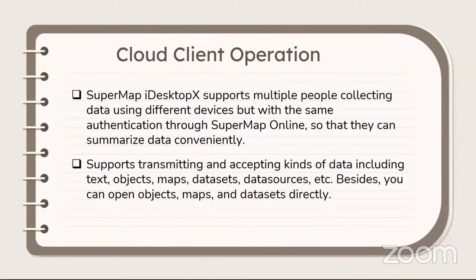SuperMap iDesktopX cloud client operation also supports transmitting and accepting kinds of data, including text, objects, maps, data sets, data sources, and others. Besides, you can also open objects, maps, and data sets directly.